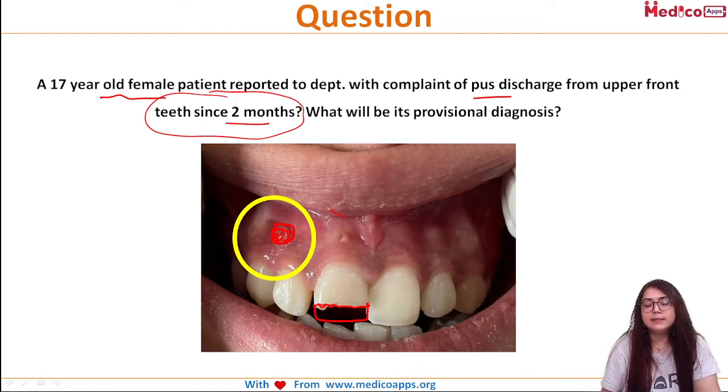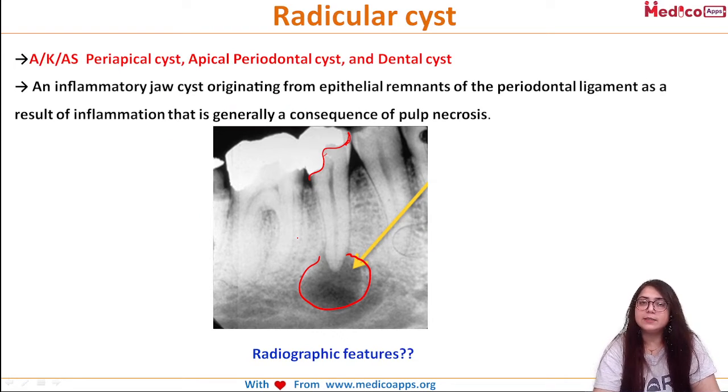So possibility is there that there could be a cyst which got secondarily inflamed and then the sinus formation is there. So the answer is radicular cyst, and this is also known as periapical cyst or apical periodontal cyst or dental cyst. Now let's see the proper definition of this radicular cyst.